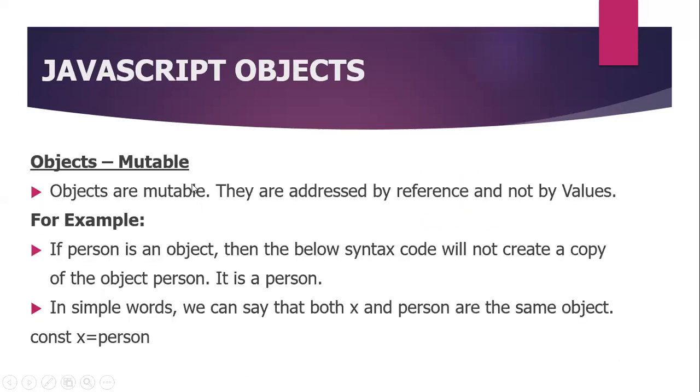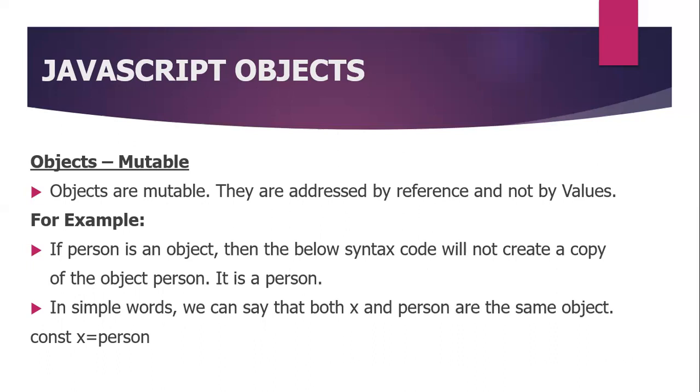Objects are mutable. In JavaScript, objects are mutable, which means they can be changed. They are addressed by reference, not by value. While creating an object, the object with the corresponding address will be saved under an object name. If I assign the same object to another object, the entire address will be referred to the new object.